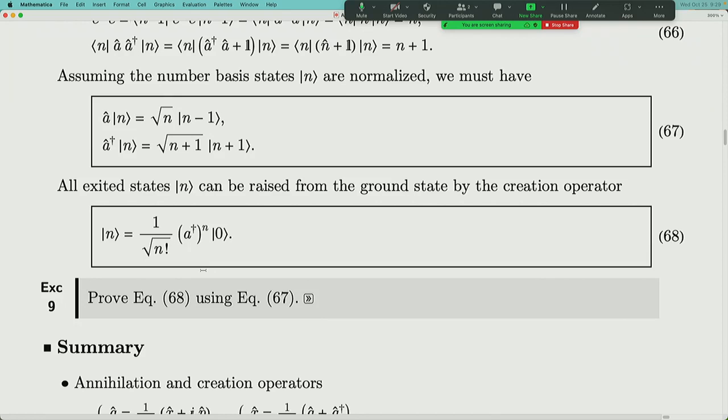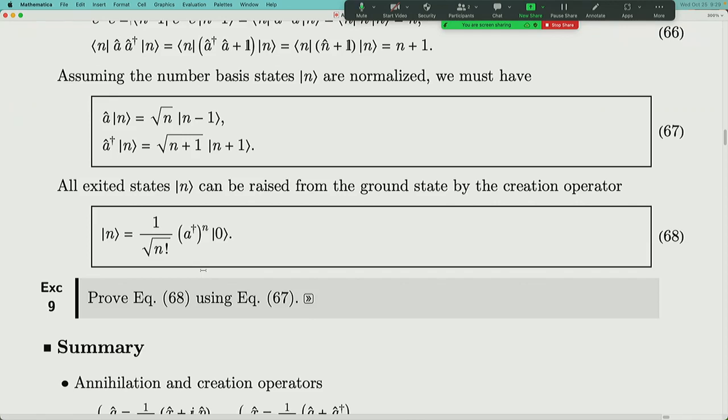So that means if you keep applying this A dagger operator, if you apply it 3 times on the 0 state, you will first get 1, followed by another A dagger, and then you will get all these. Basically, you will multiply all these prefactors together. I will just write down the result.